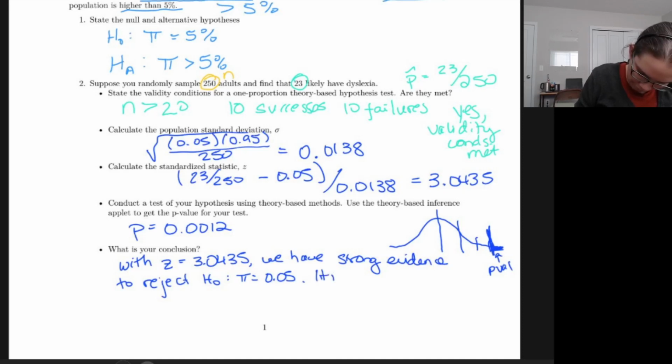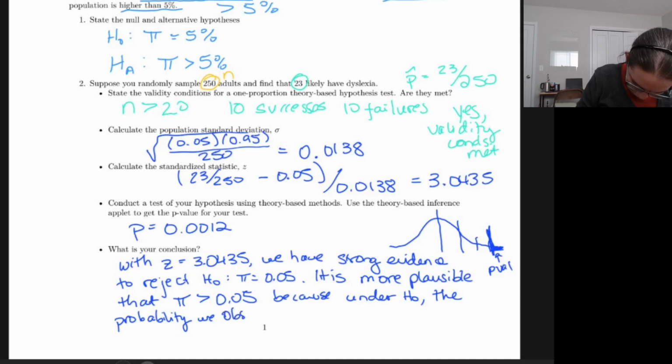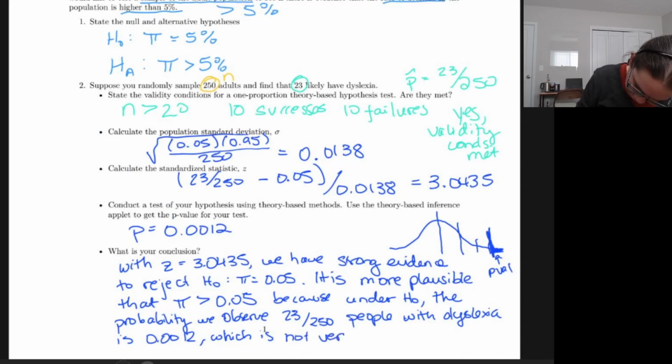It is more plausible that pi is greater than 0.05, because under H naught, the probability we observe 23 out of 250 people with dyslexia is 0.0012, which is not very likely.